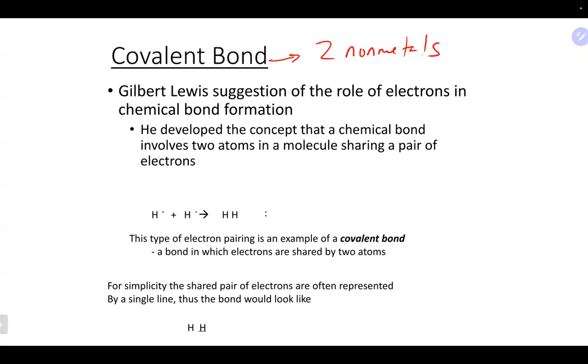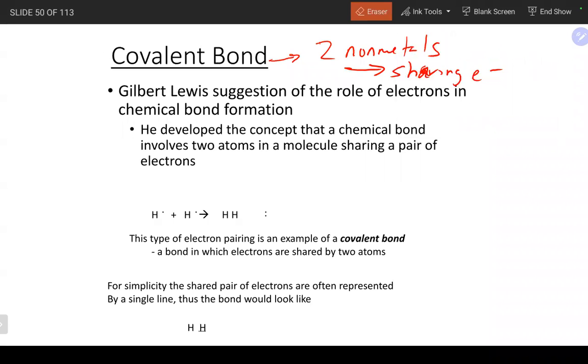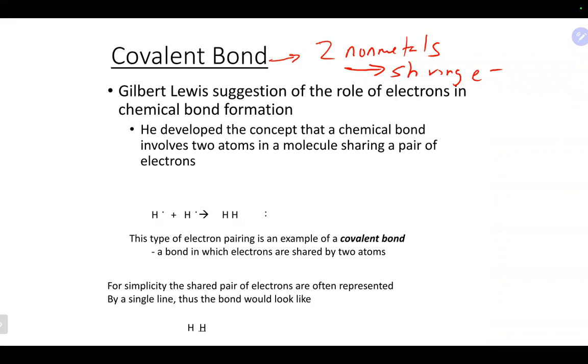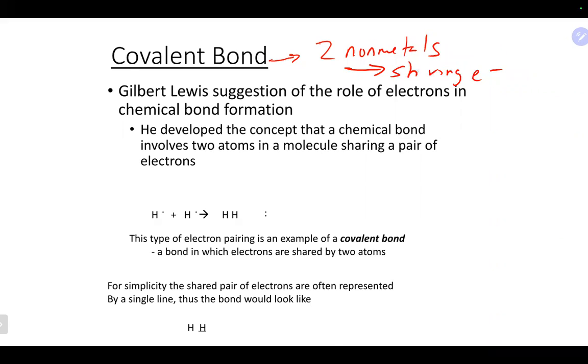And this is always where we have sharing of electrons. As we will talk about, that sharing of electrons may be equal or unequal. But definitely when you have some type of covalent bond, there is some aspect of sharing of electrons happening here. And we'll talk about how we can determine whether it is equal or unequal sharing as we go through it.